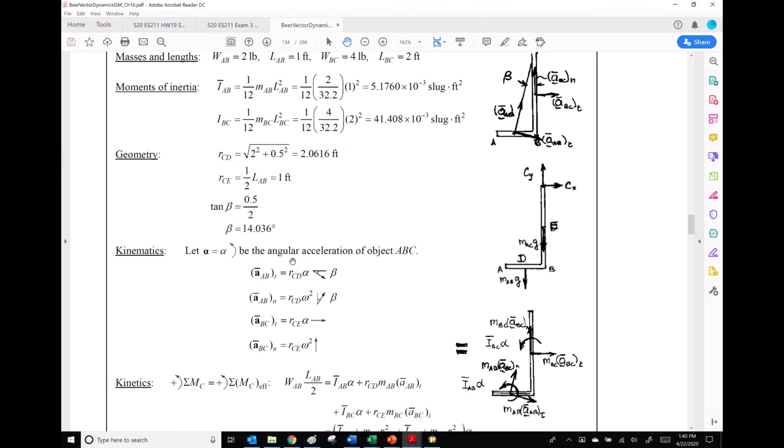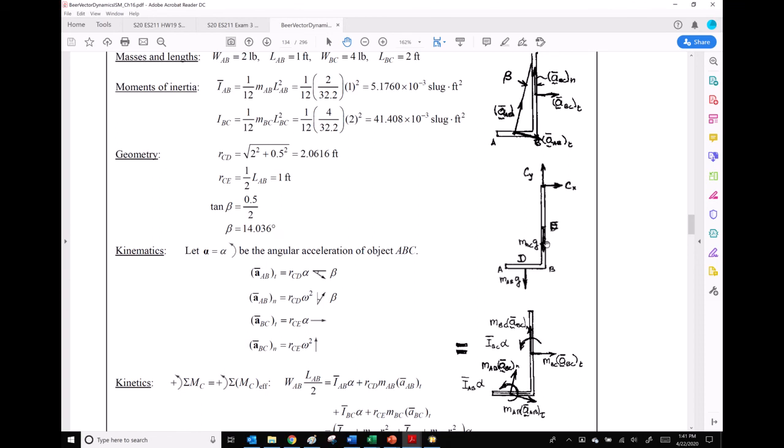And they get the relationships between the kinematics right here, and they draw these, and they decided to call beta. All right, so that's what they call it here. And they used 0.5 over 2 instead of what we used, which was 2 over 0.5. So they got the complementary angle of our 75.96.